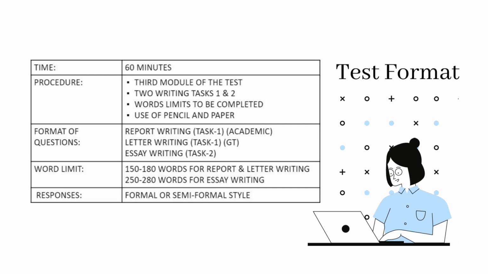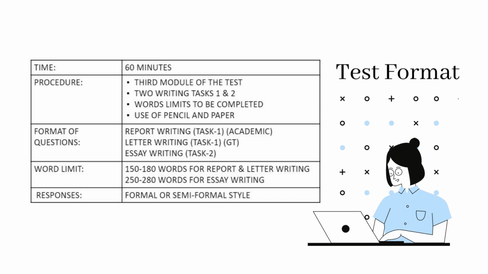Now, when I mention the word limit, you have to stick to it compulsorily, and for 150 words, you lose scores even if you write 149 words. I hope you are understanding what I am trying to say.